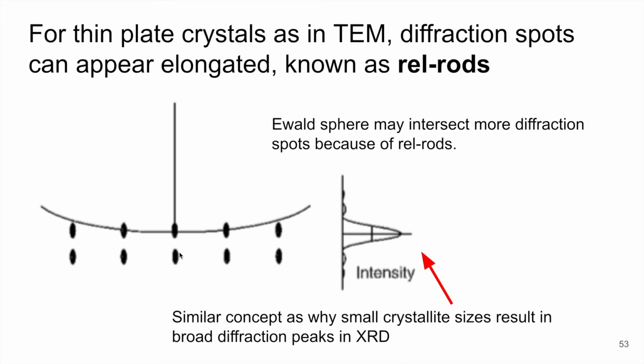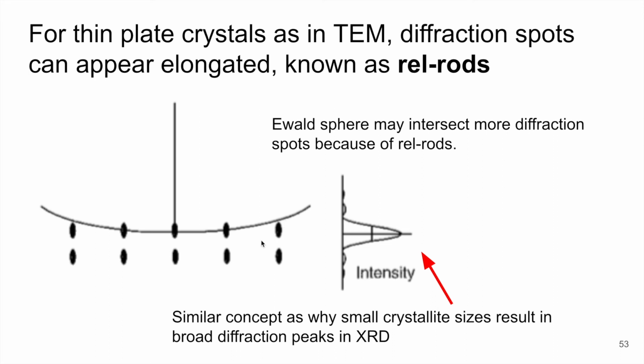So instead of seeing a single spot that's symmetrical, so it's a circle, instead we actually see more of an elliptical, or what looks like it's been elongated in one direction. And because of that, the Ewald sphere often will intersect more diffraction spots than we would initially expect.